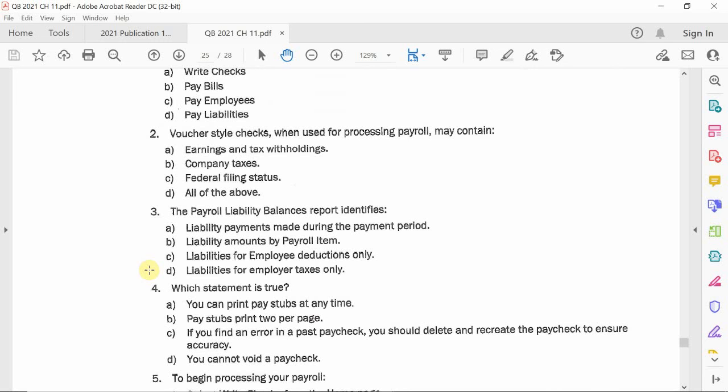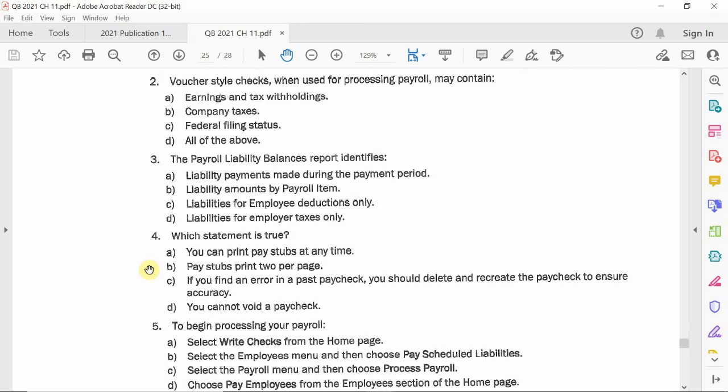Okay. Number 3, the payroll liabilities balance report identifies what? B. B is correct. Liability amounts by payroll item. Okay.